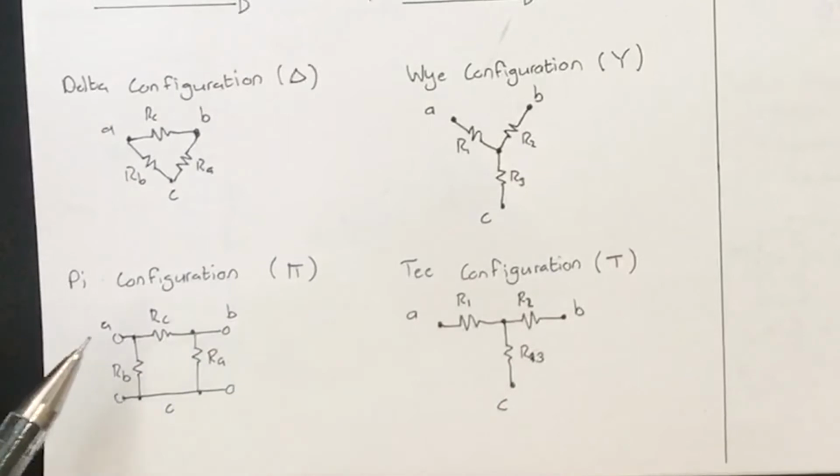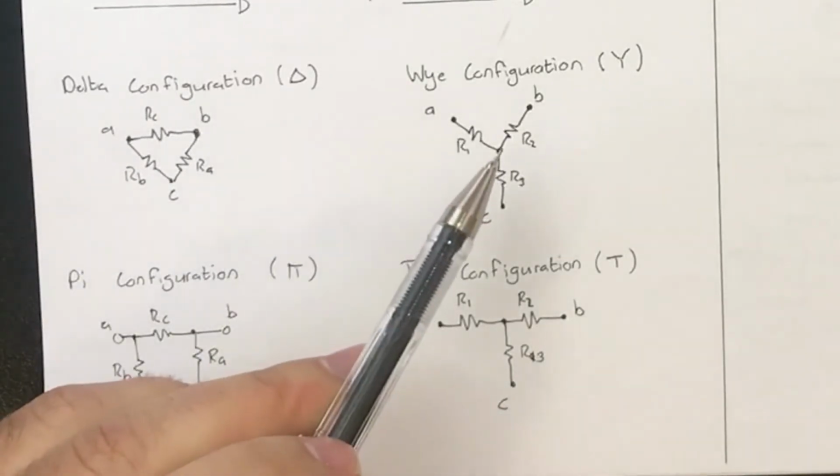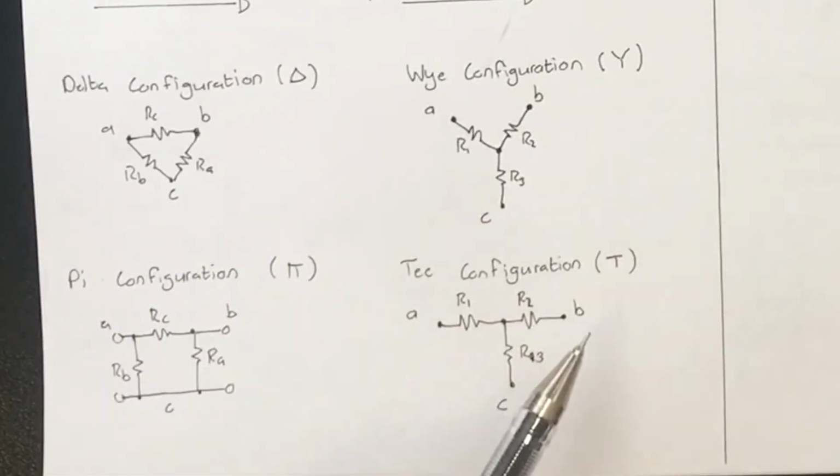Okay, perfect. These are the four configurations. This is the delta to y transformation and the pi to t.